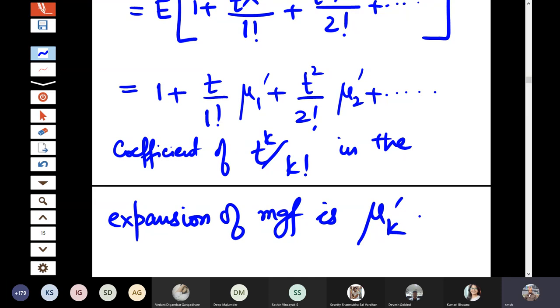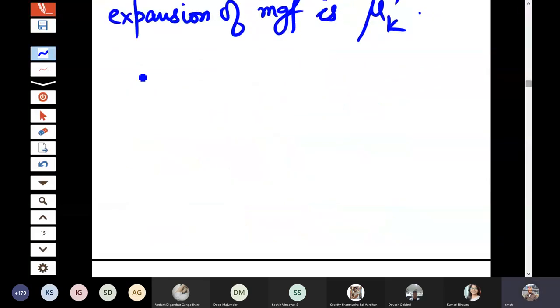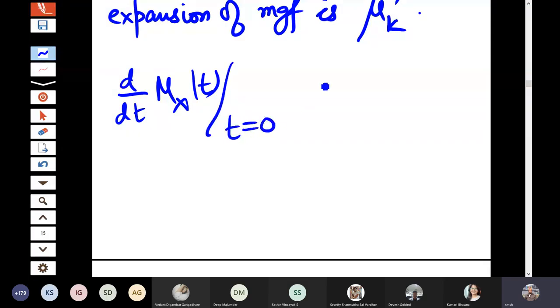You can also look at some further calculations here. If I consider d by dt of M_x(t), then what I will get? The first term will vanish because it is 1. Then the second term will give me mu 1 prime. After that I will get 2t by 2 factorial mu 2 prime plus and so on. So if I put t equal to 0 in the first derivative, I will get mu 1 prime.